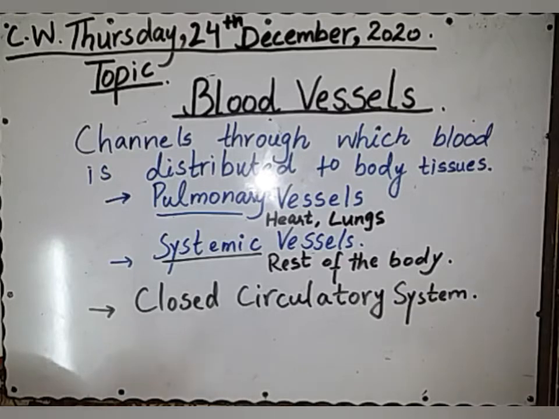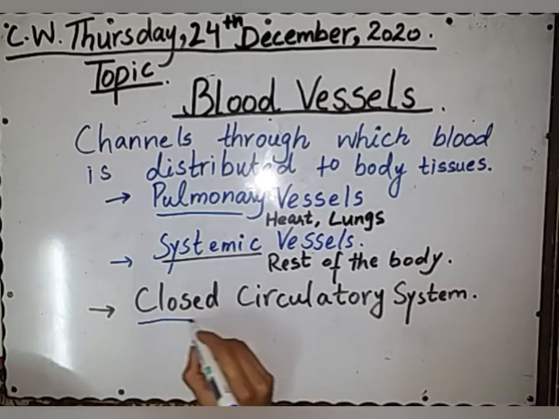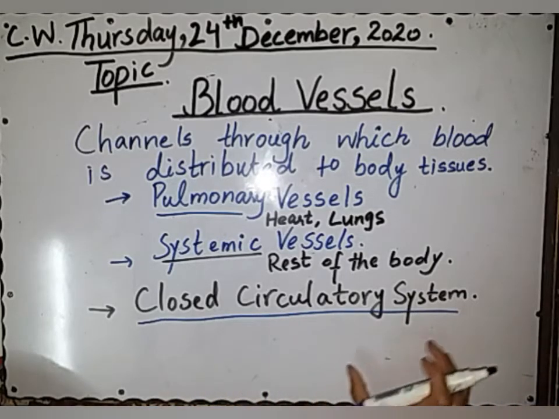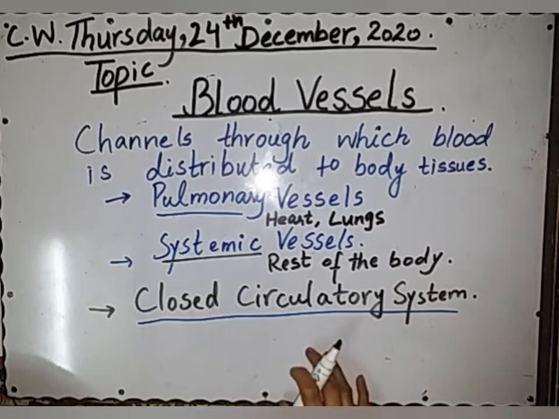In a closed blood circulatory system, blood cannot move outside of vessels. Exchange of materials takes place inside the blood vessels. So, in human beings, we have a closed circulatory system consisting of heart and blood vessels.